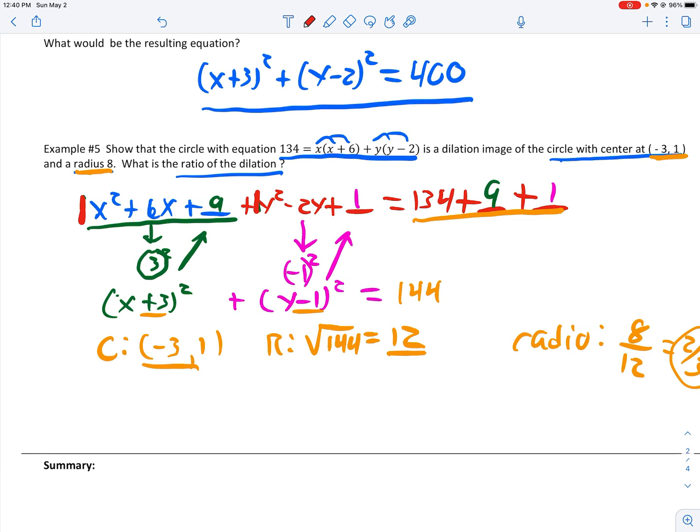Take the b term, divide it by 2. Whatever answer you get when you divide by 2, that's what it factors to. Once you divide by 2, square that number, add it to both sides. You complete the square on the left or right, whatever side you're doing it, and then you add your constants on the other side, and now we're in descriptive form, so we can easily find the center and the radius.